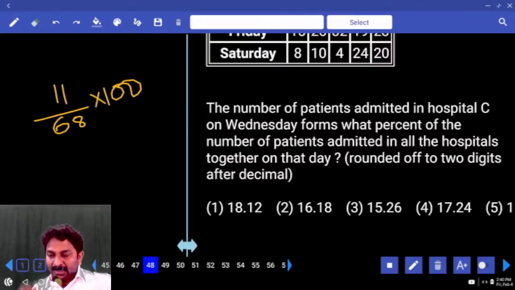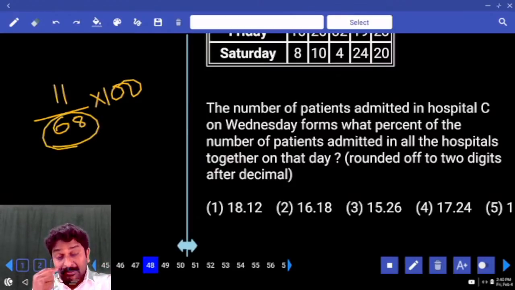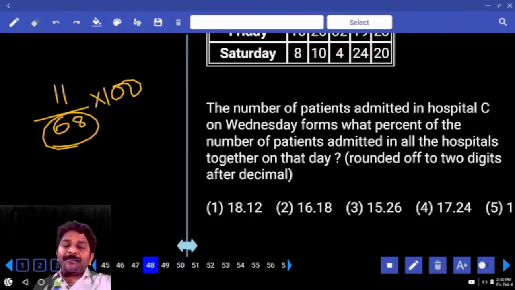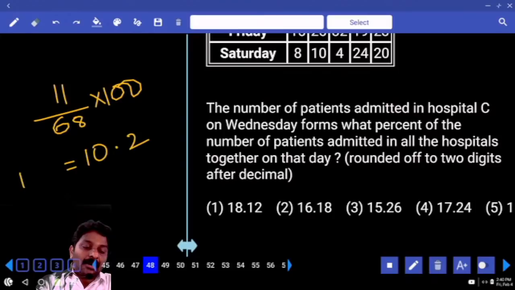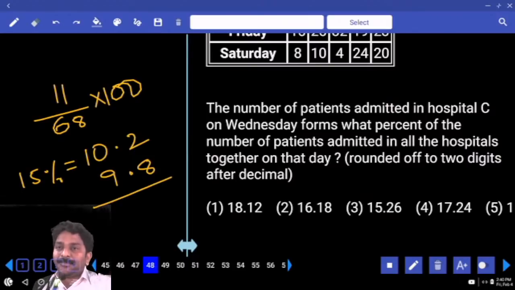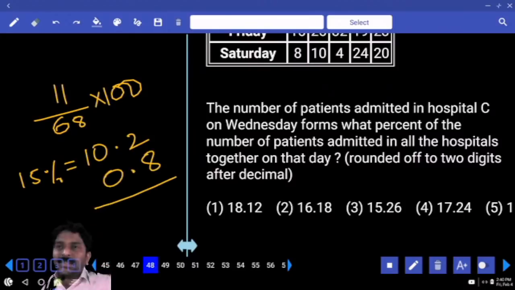Am I right? Yes. What is 10% of the denominator? 6.8. 5% is 3.4. 6.8 plus 3.4, 10.2. To this, how much do we need to add? 9.8. Correct? Yes, 0.8. To this we have to add 0.8.